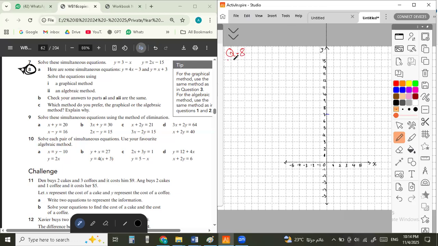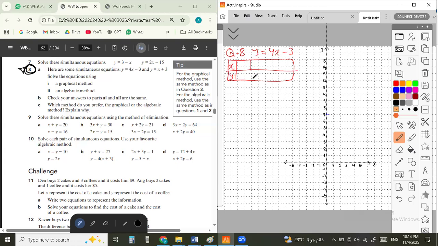First thing I'm going to need is to complete the table of values for x and y, the first equation. So the first equation is y equals 4x minus 3. So here is x, here is y.